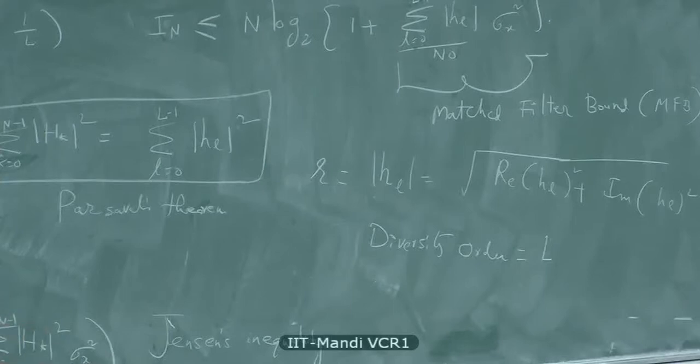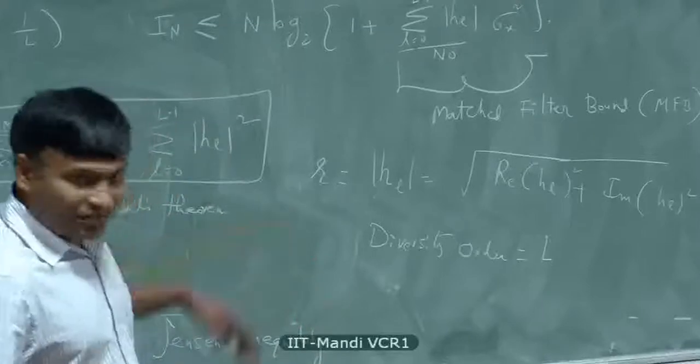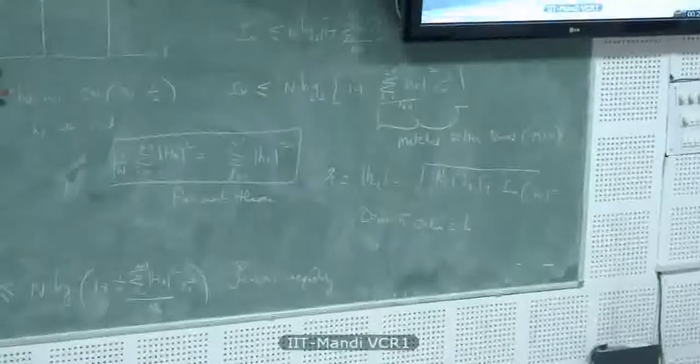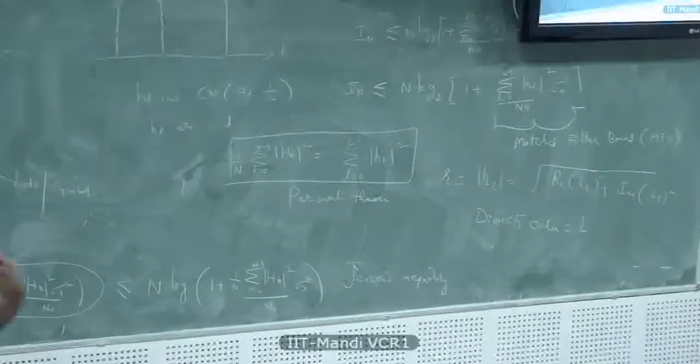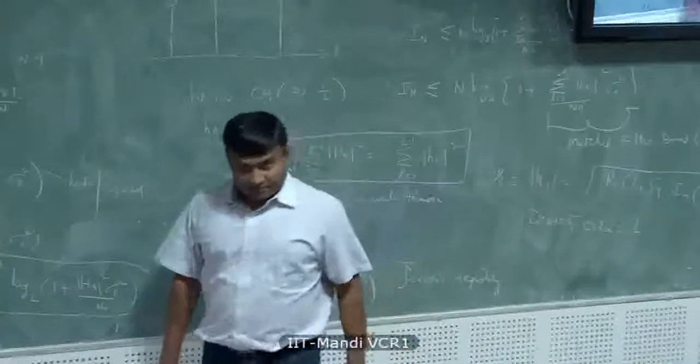See, usually diversity order is defined in a slightly different way. Let us say the channel has a single tap, H0, and you transmit the signal, and the receiver sees an SNR of 1 plus H0 squared by N0.